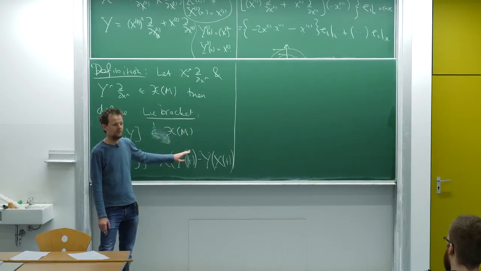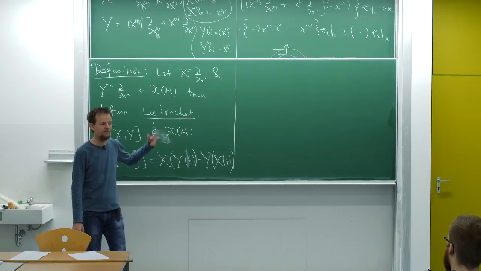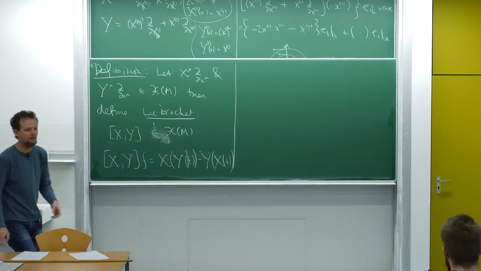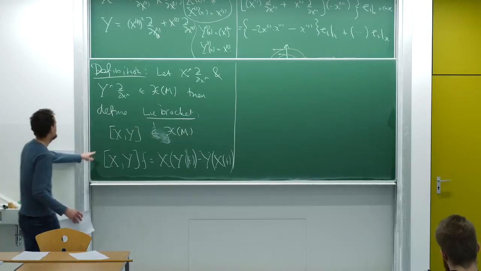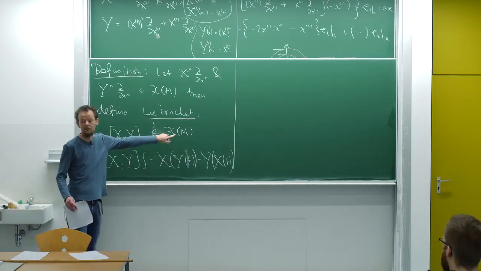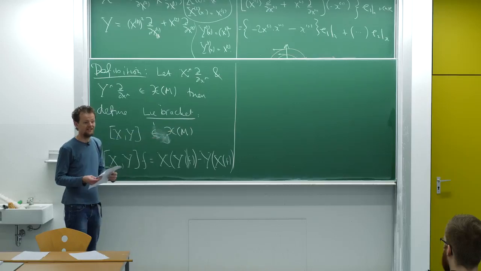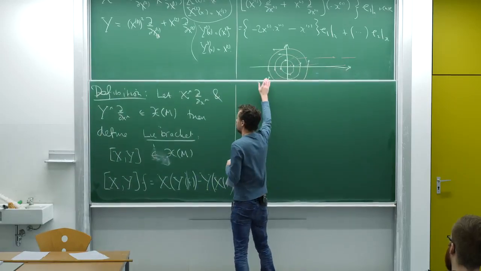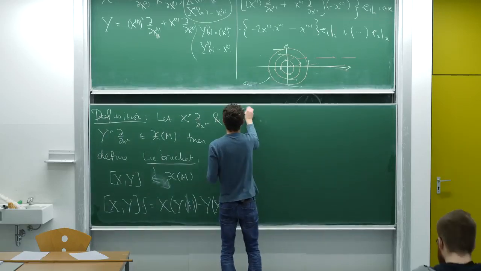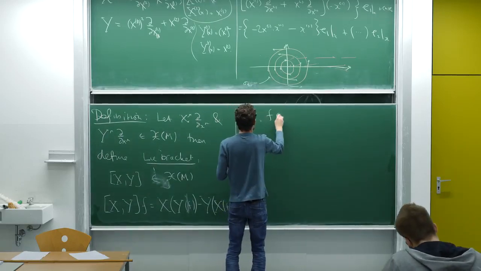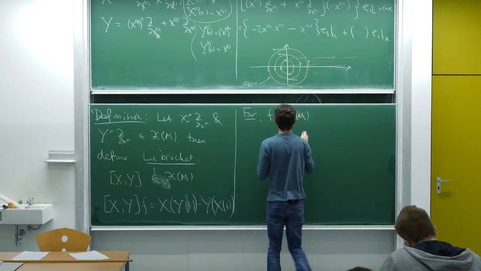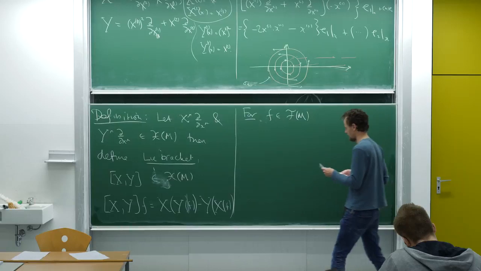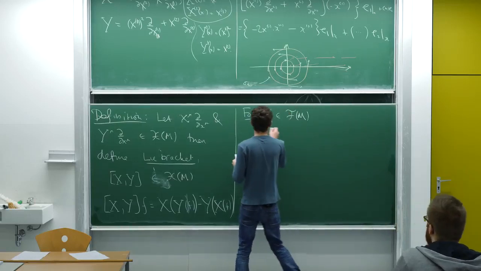The second order derivatives are going to cancel. So we're going to be left with a first order differential operator, thus justifying that statement here, that it's in the vector fields on M. But let's actually prove that. If we have some function f on the manifold, let's work out the right-hand side of the Lie bracket and see what we get, and then we'll get something very interesting.